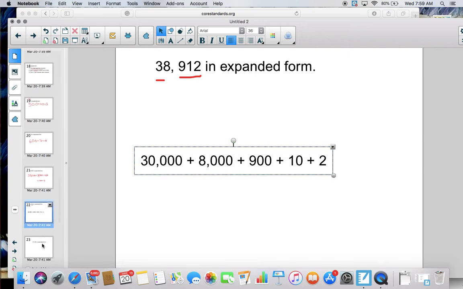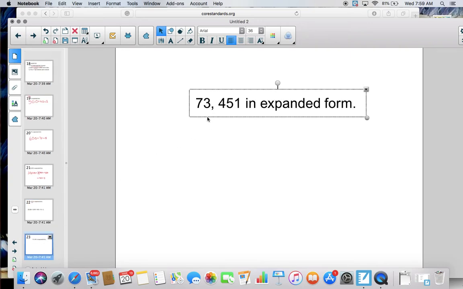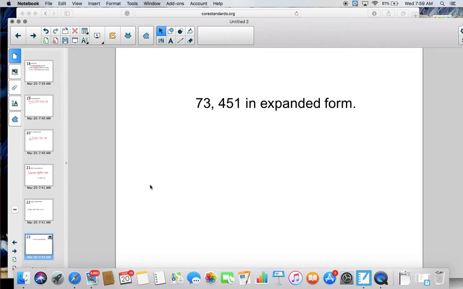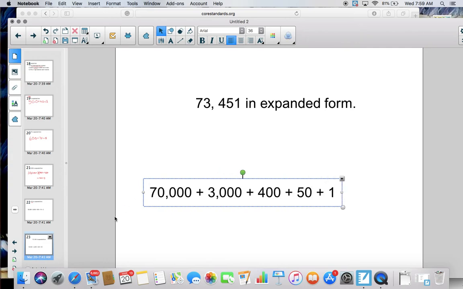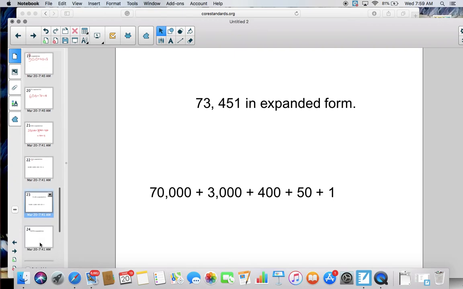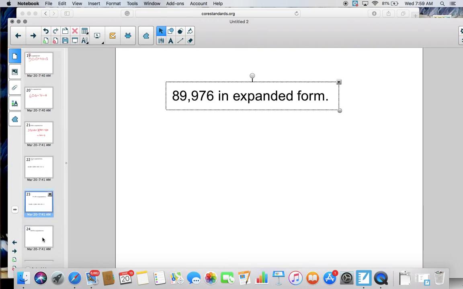Careful on these next few. 73,451 in expanded form. Click pause. Welcome back. 70,000 plus 3,000 plus 400 plus 50 plus 1. Give yourself a pat on the shoulder.